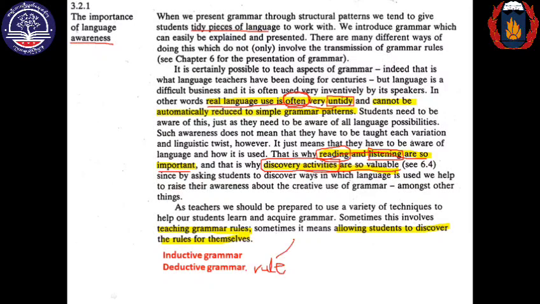Rules in our kind of deductive grammar. Which is better for slow learner students, one or two?